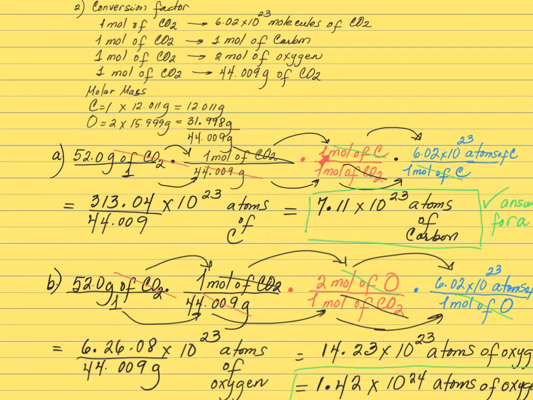I have 1, because you can see that from the formula. So I'm going to cancel moles of carbon dioxide, and I'm left with 1 mole of carbon, but I don't want moles of carbon. I want atoms of carbon. So in 1 mole of carbon, I have Avogadro's number of atoms of carbon. See that? When you do your dimensional analysis, you get rid of the units that you don't want until you get the one that you want at the end.